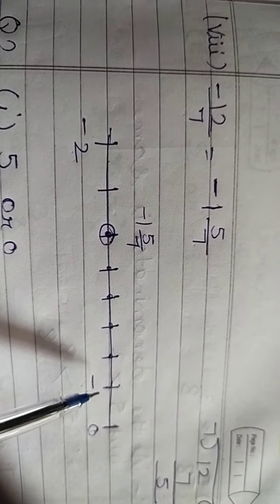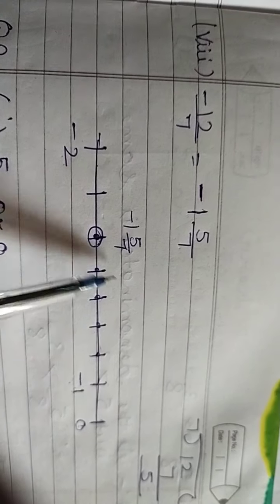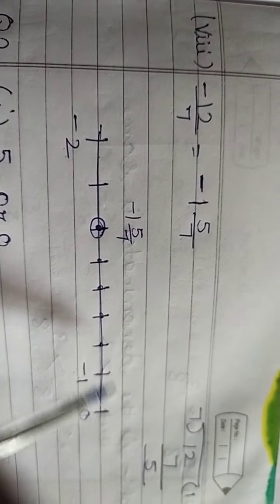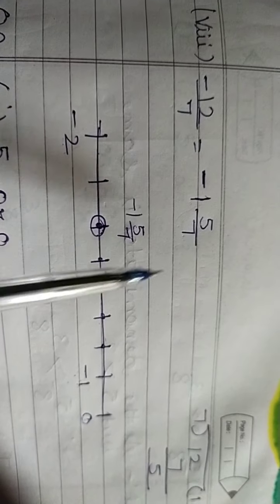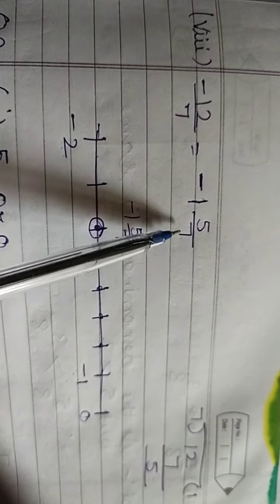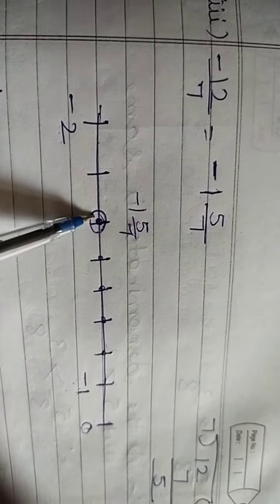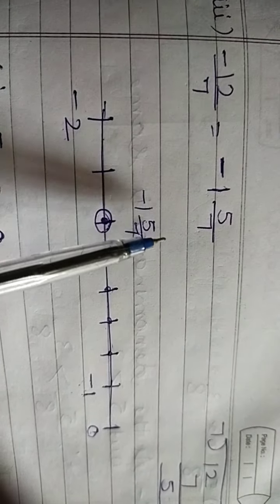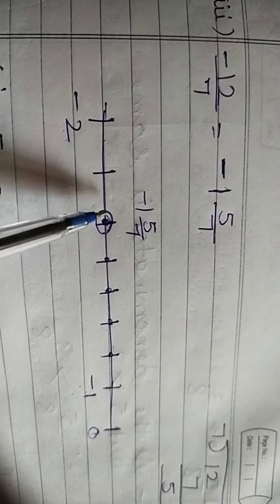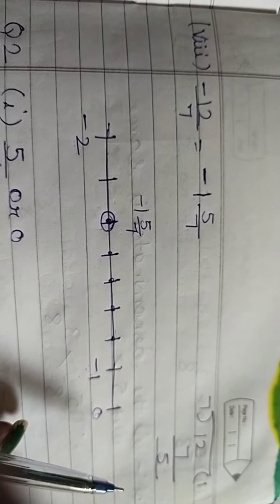Okay, so you will divide the area between minus 1 and minus 2 in 7 equal parts, as the denominator is 7. Therefore after that you will mark the 5 by 7th part of this area, and it will be minus 1 into 5 by 7th part. So that is about the question number 1 of exercise 4b.